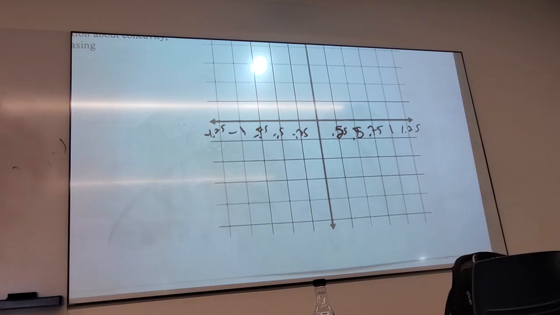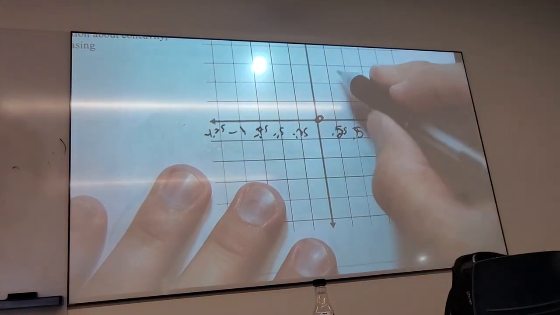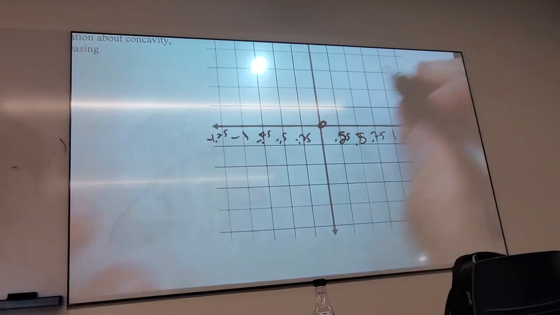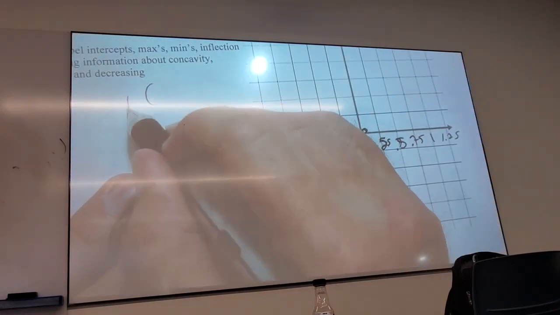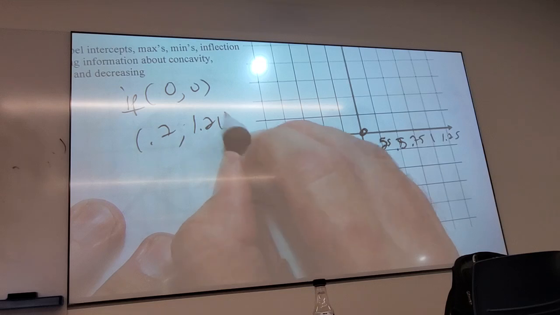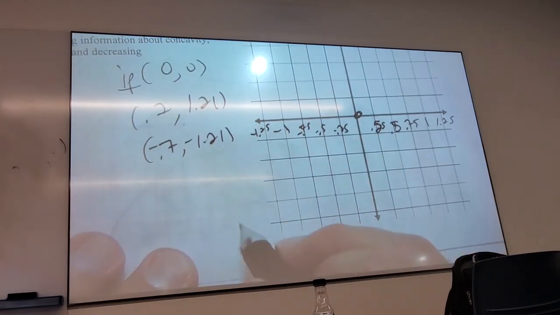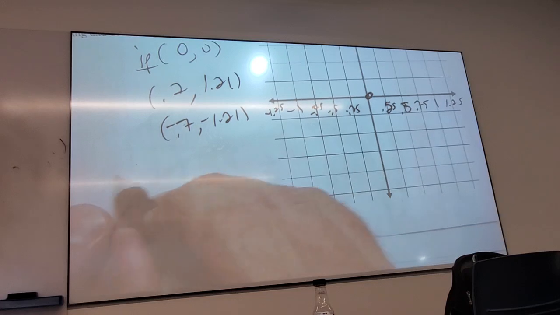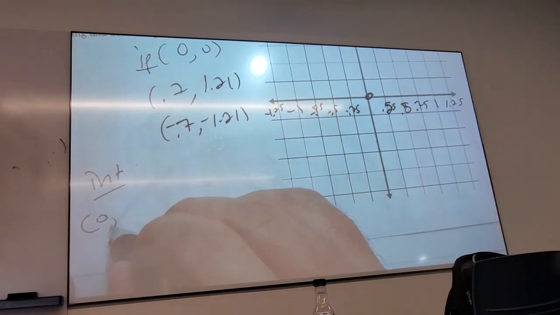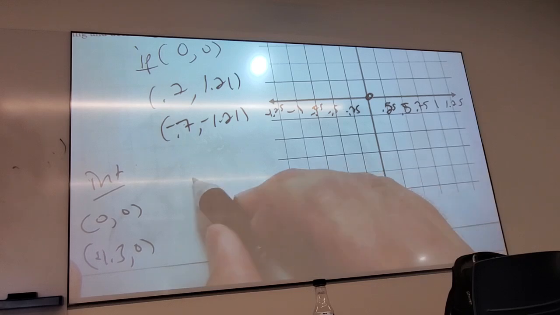Okay. So 0, 0. Let me kind of collect my stuff here. Inflection points 0, 0, 0.7, 1.21, negative 0.7, negative 1.21. Then it goes through intercepts 0, 0, and plus or minus 1.30.